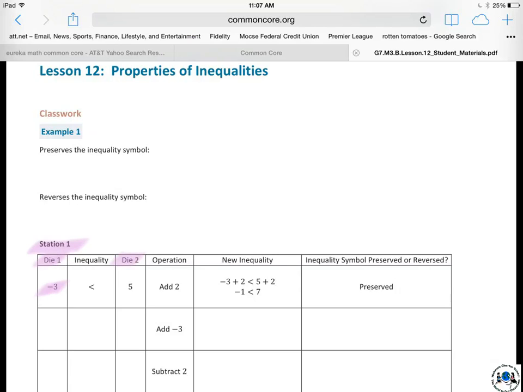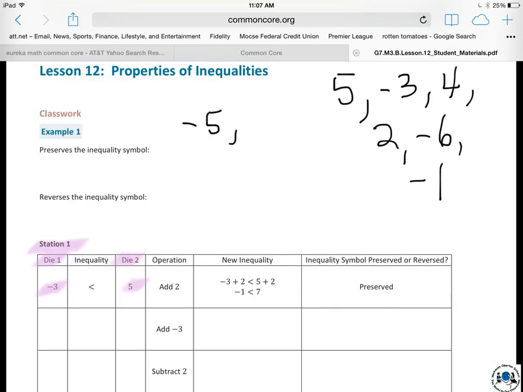And you're going to have your 2 integers from those dice. Actually, I would just tell you right now, the integers they have on them: one of them has 5, -3, 4, 2, -6, and -1, and then another die has -5, 6, as you can see.